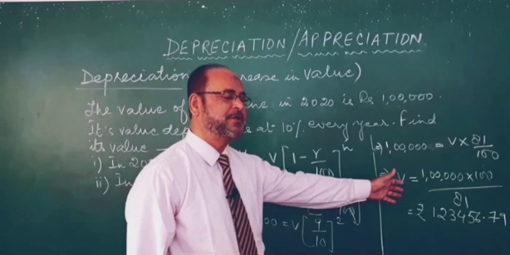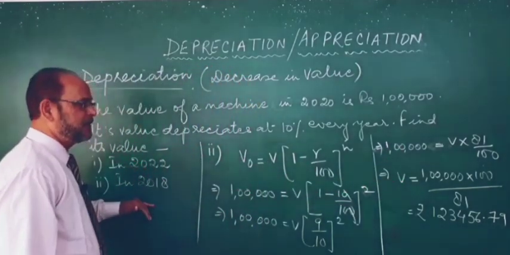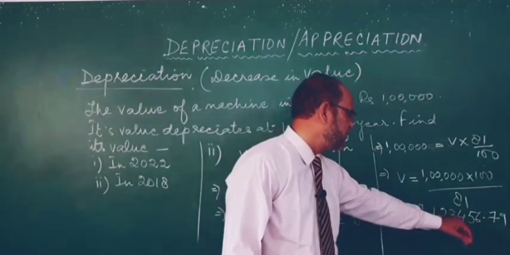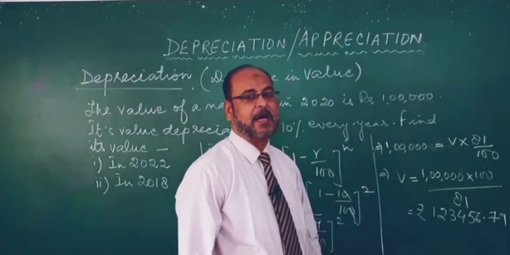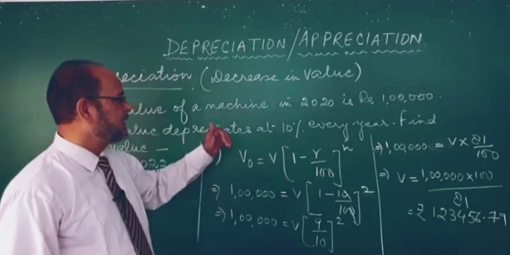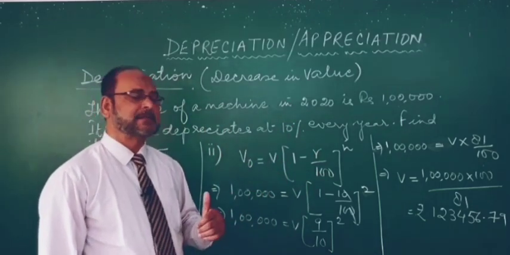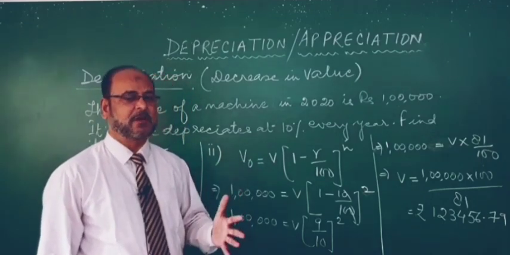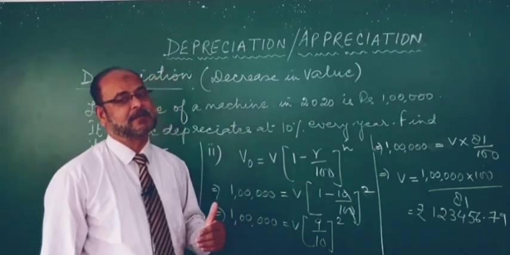So the value of the machine in year 2018 will be rupees 1,23,456.79. I hope you all have understood how to find the value of a quantity if its value is growing or appreciating, or if its value is depreciating, then how to find the respective values.